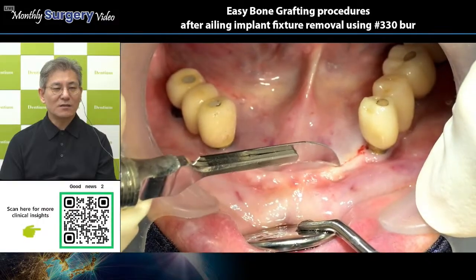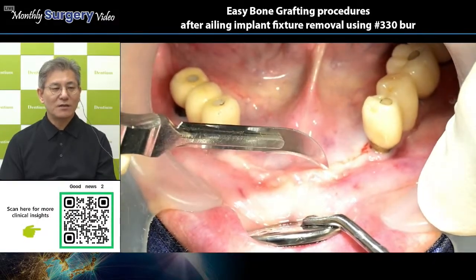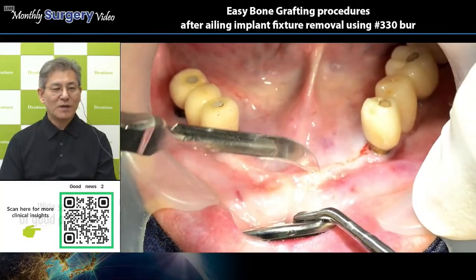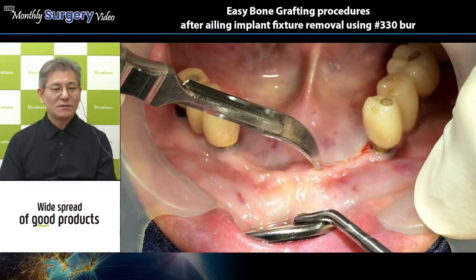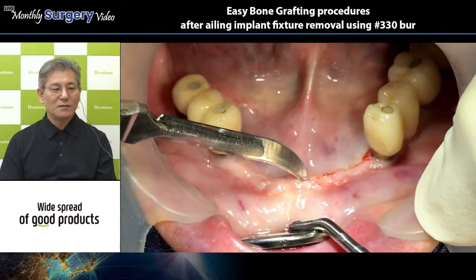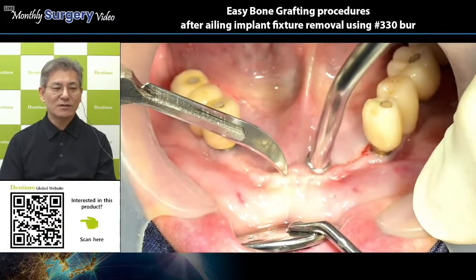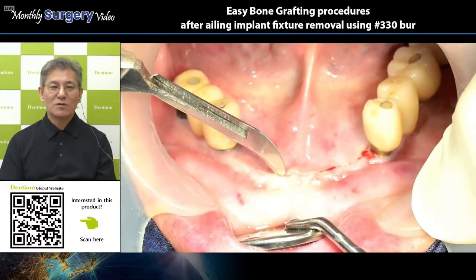Now, Dr. Zhang makes a crestal incision using a number 12 scalpel, step by step. The crestal incision was made. In the lower jaw, the crestal incision is most popular.